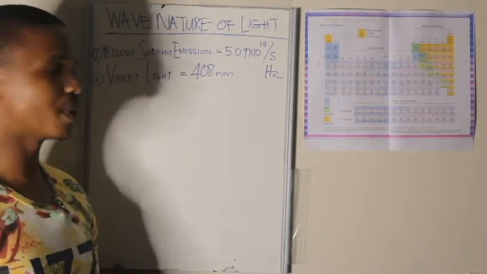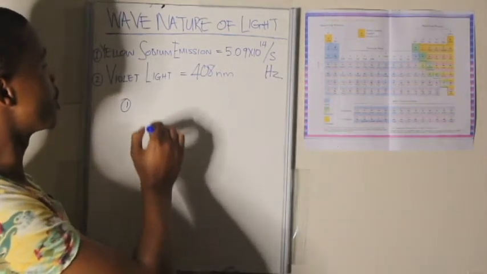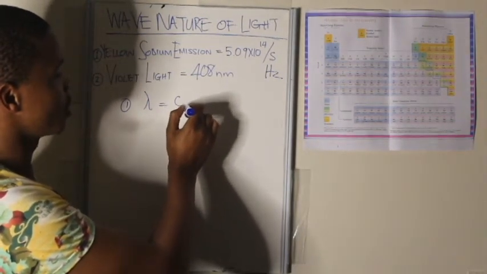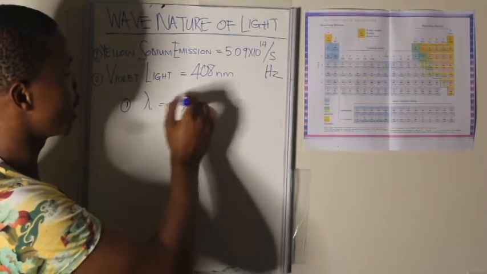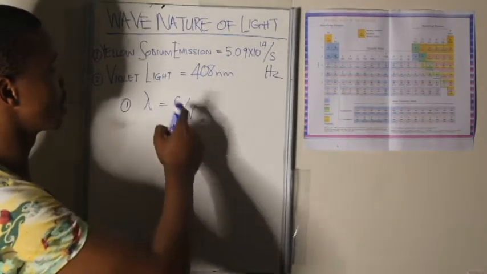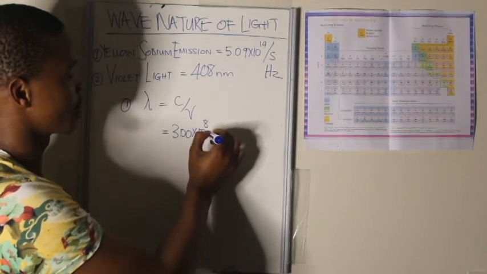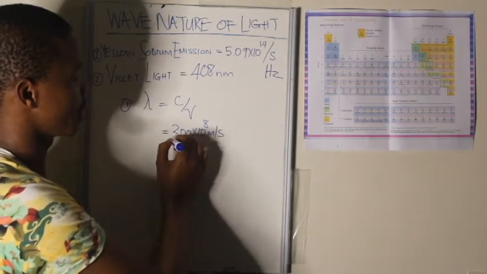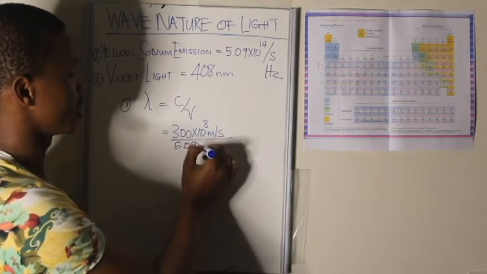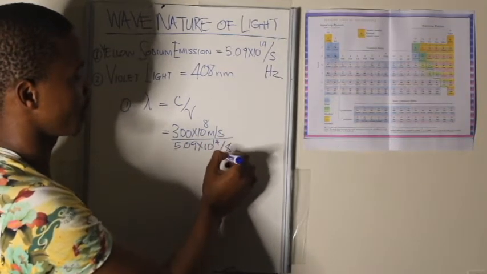So with what you know, for your number one, you know that your wavelength is your constant divided by frequency. Your constant is 3 times 10 to the power 8 meters per second. Then your frequency is 5.09 times 10 to the power 14 per second.